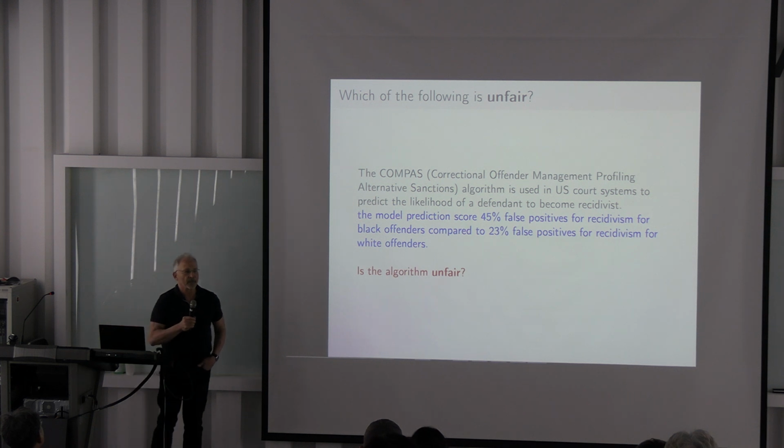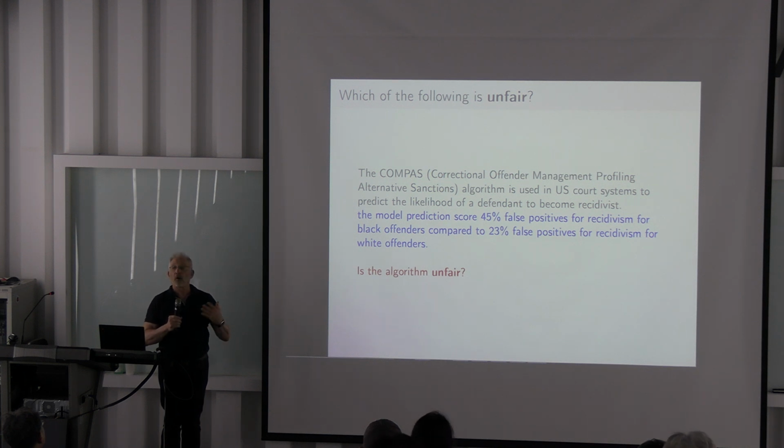So it means that when the system predicts that someone will re-offend and they are black, then 45% of the time they are wrong. This person did not re-offend. But when it's a white person, they are wrong only 23% of the time. So is this unfair to black people?